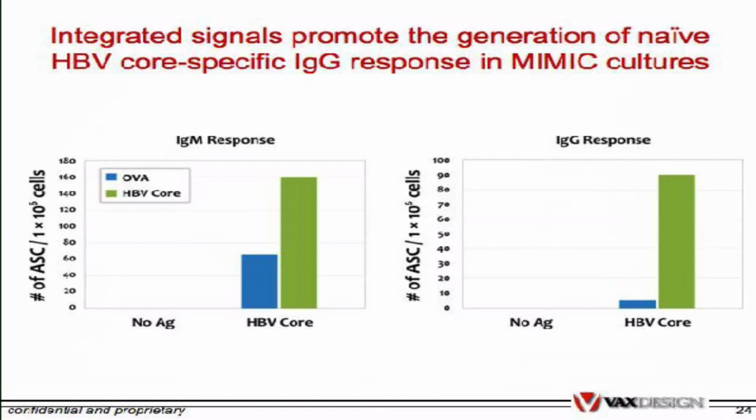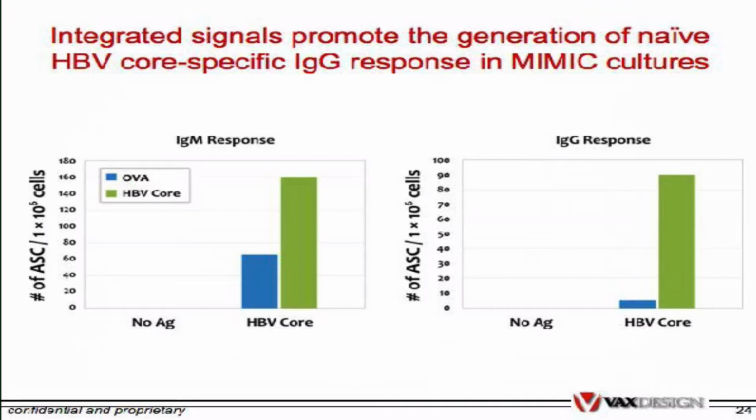But suffice to say, to make protective antibodies, you have to have the class switching mechanism turned on, so it actually is producing an antibody that's efficacious in the system. And in this particular case, and this really should be earlier time points, 7 days and 12 days, we're seeing high IgM production and then high IgG production later on.